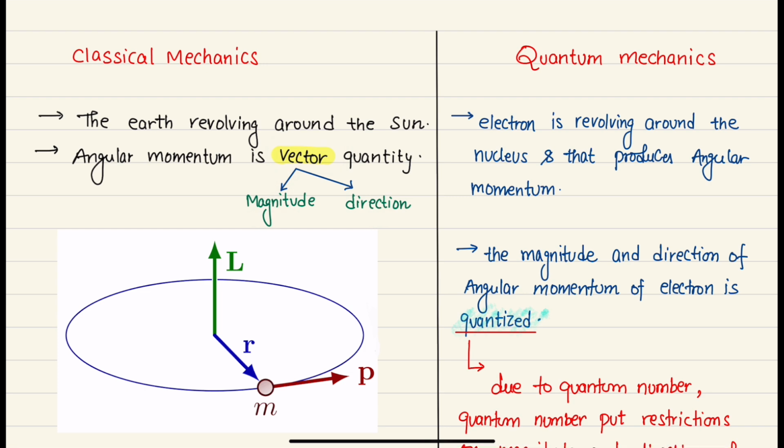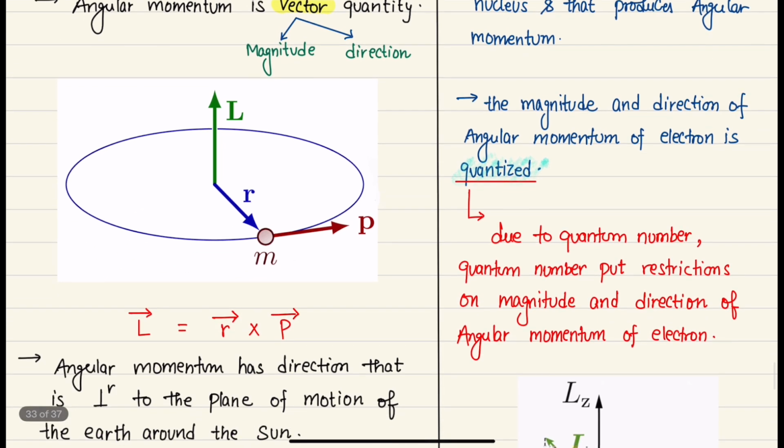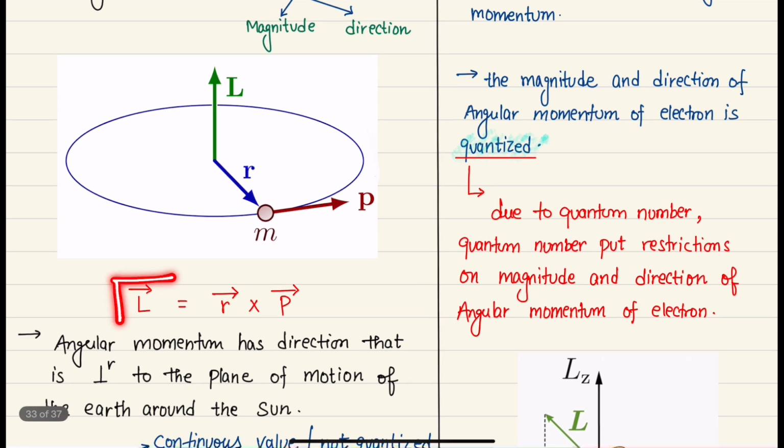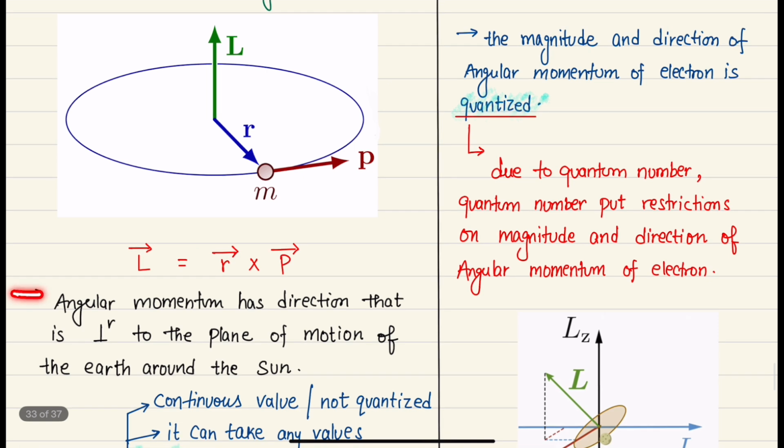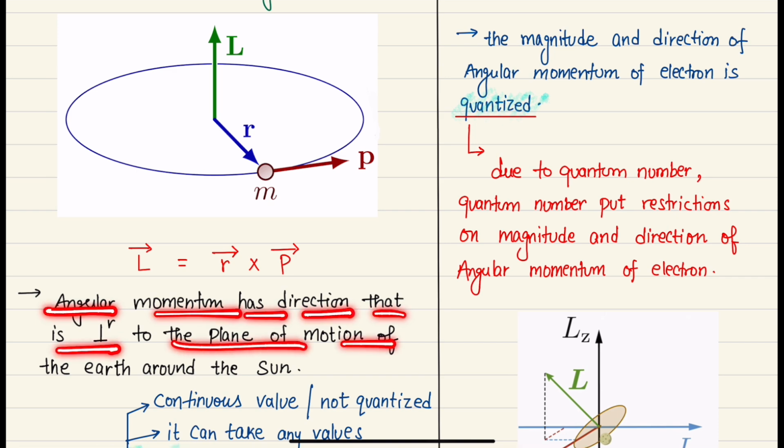Angular momentum, as defined in classical mechanics, is L vector equal to R vector cross P vector. So this is angular momentum, and note here angular momentum has a direction that is perpendicular to the plane of motion of the Earth around the sun.